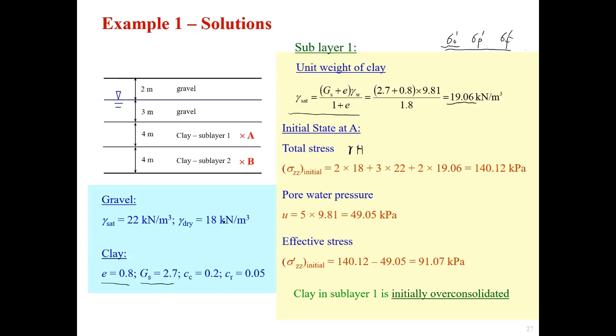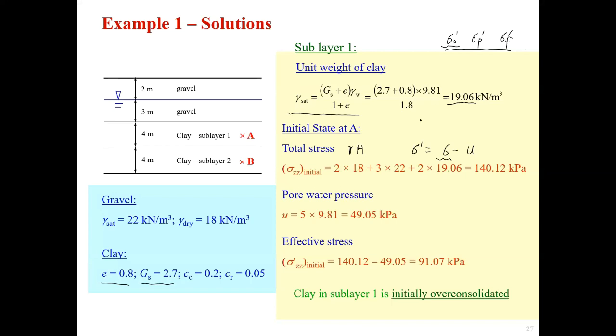So 18 times 2 plus 3 times 22, because that's the 3 meters of gravel below the water, and then plus 2 times 19.06, that's the unit weight of clay, because this is total stress. Effective stress equals total stress minus pore water pressure, so we calculate total stress at this stage.